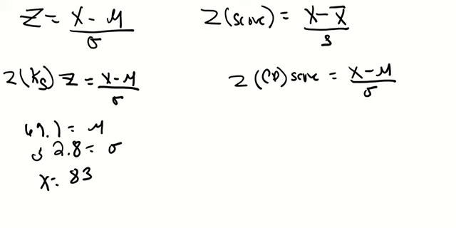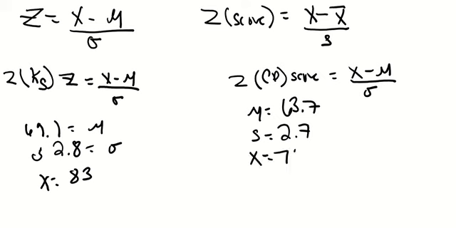So for Candace Parker, for women, the average height for 20-year-olds or above is 63.7 inches. And we know that the standard deviation is 2.7 inches. And we know that Candace Parker is 76 inches.